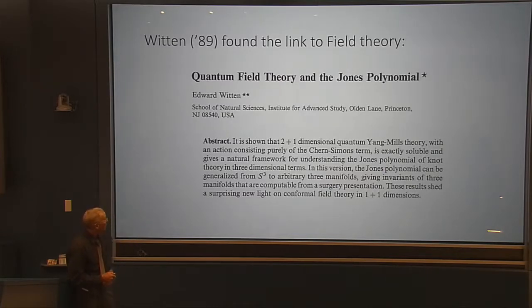It made it through this work of Witten, which Kiram already mentioned, where Witten explained the Jones polynomial as the observables, the evaluations of Jones polynomials, with the observables of an SU2 Chern-Simons theory at different levels.